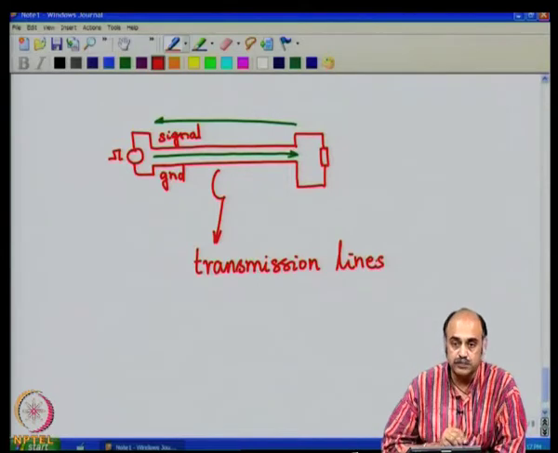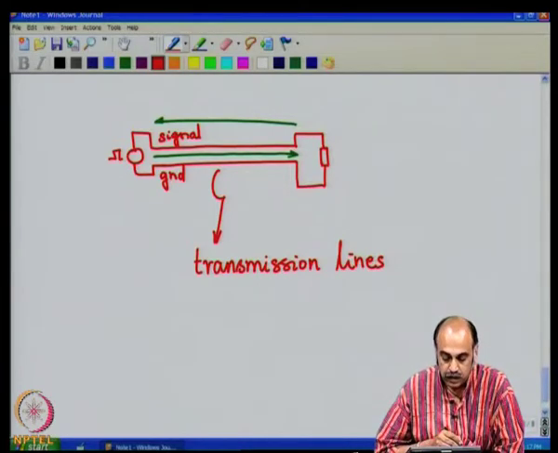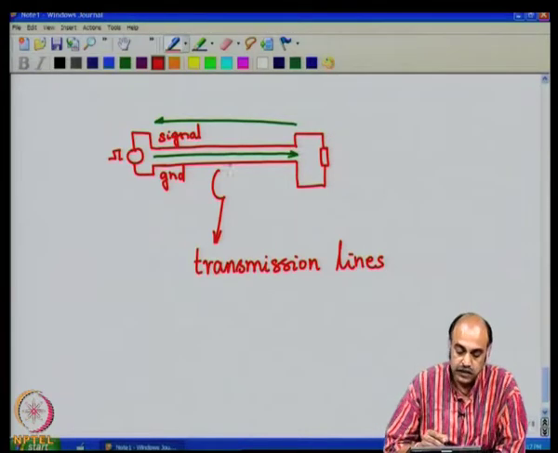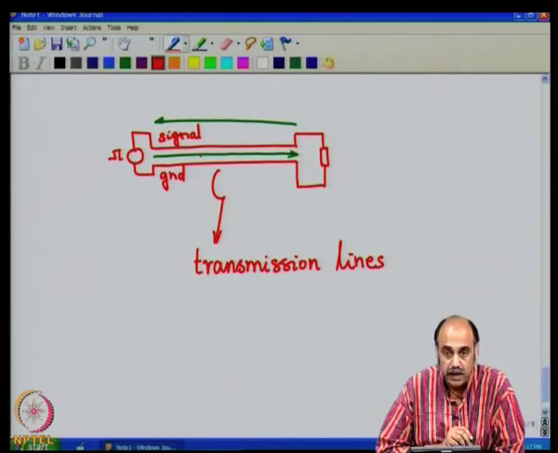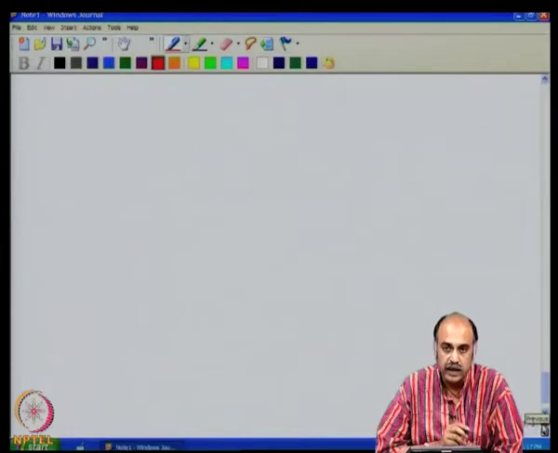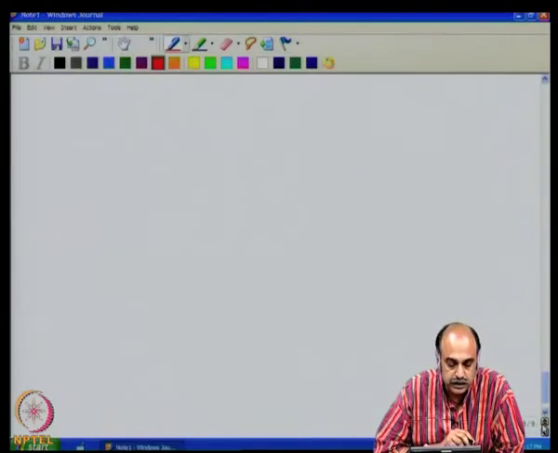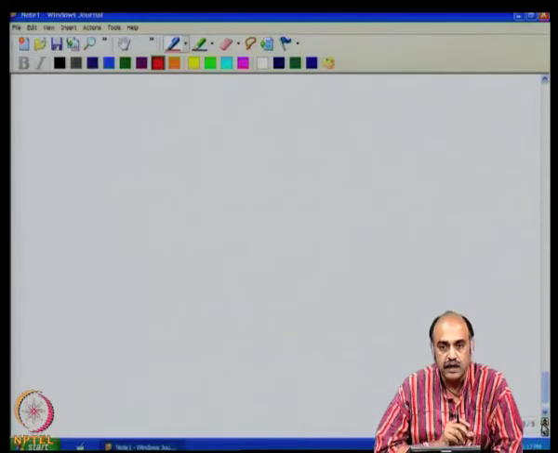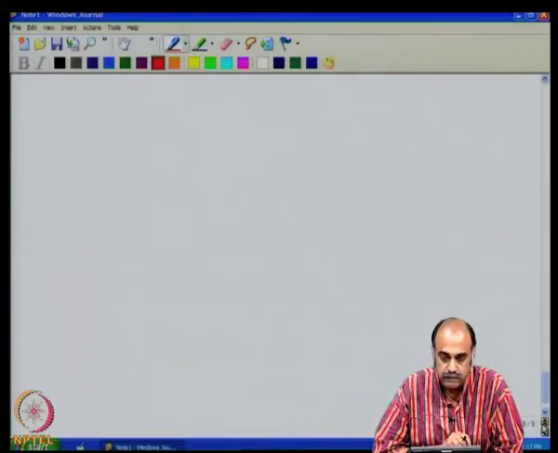Transmission lines and transmission line effects, where we study the reflections due to differential impedance matchings, where we do not have impedance matching. So, it is good to have an idea of what is happening due to the reflection in high frequency circuits, so that we may take some corrective measures at least.